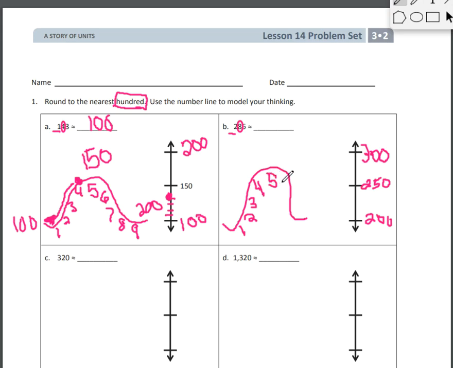If you notice my hills are a little lopsided, that is okay because you know what? Nature isn't perfect either. All right, so our values would be 200, 250, because we're counting by tens, 210, 220, 230, 240, 250. And this value down here at the very base of the hill would be 300.